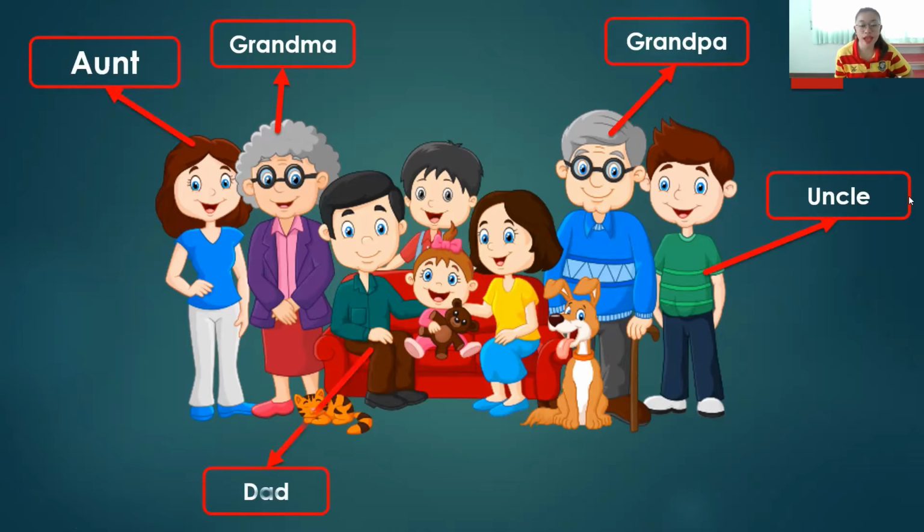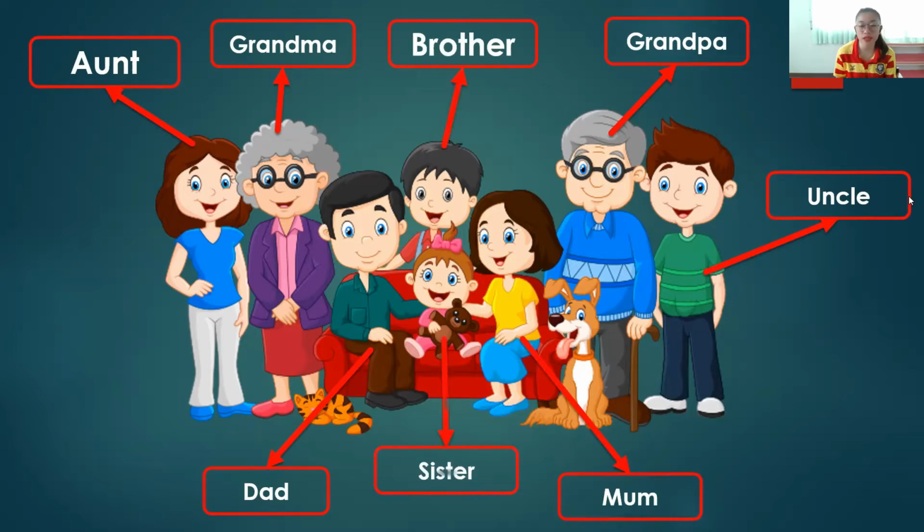And we have dad or father, the father of the family. And we have mom or mother. And next we have brother. And last member of the family is sister. So these are some of the members of the family: aunt, grandma, brother, grandpa, uncle, mom, sister, and dad.